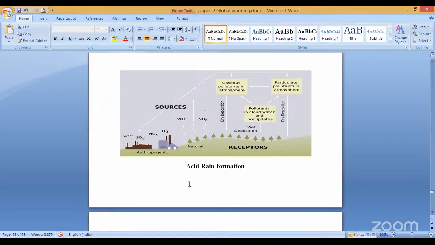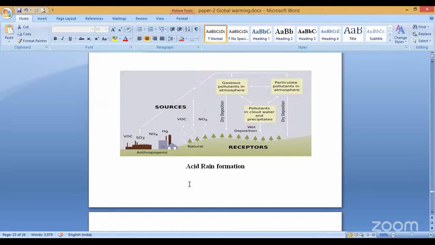Both of these can react and form acid, whereas the pH of normal rainwater is up to 7, or above 7.